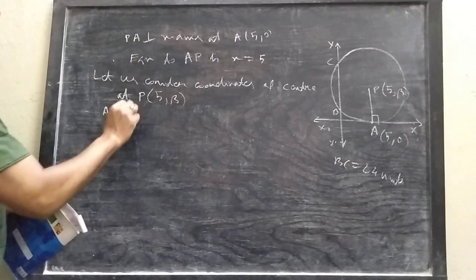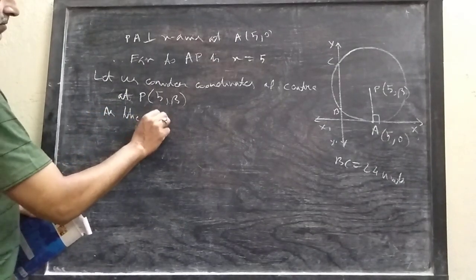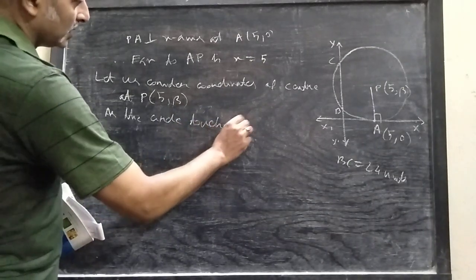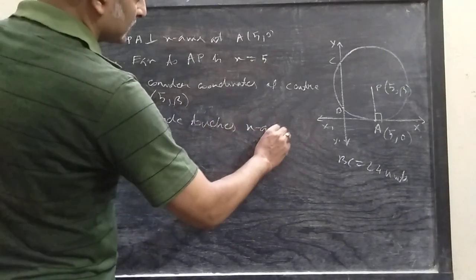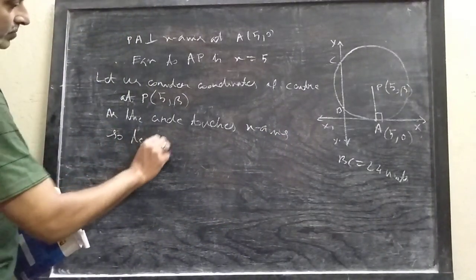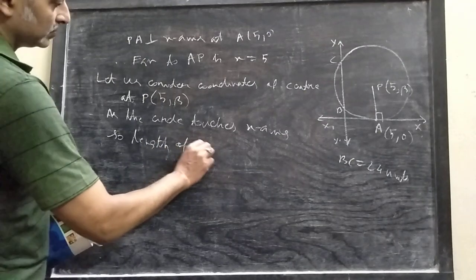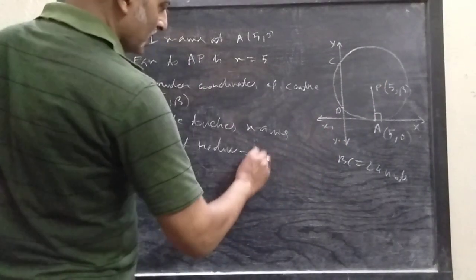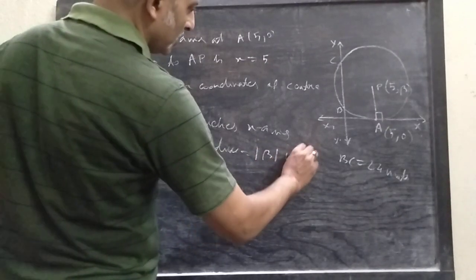As the circle touches the x-axis, the length of the radius is AP, that is the absolute value of the ordinate, mod beta units.